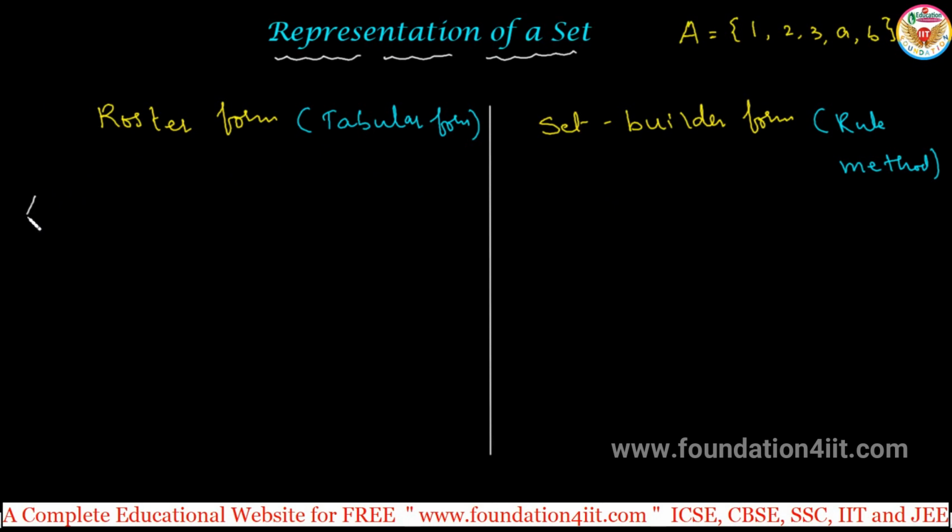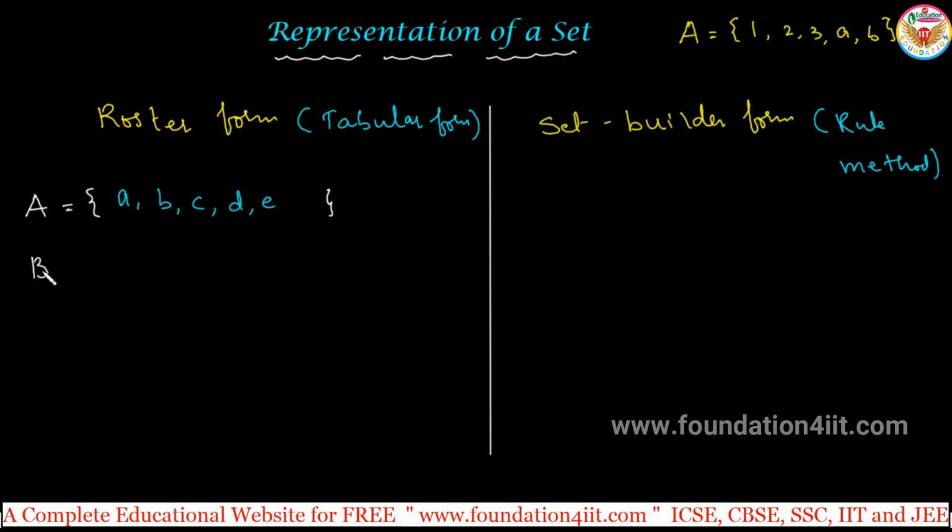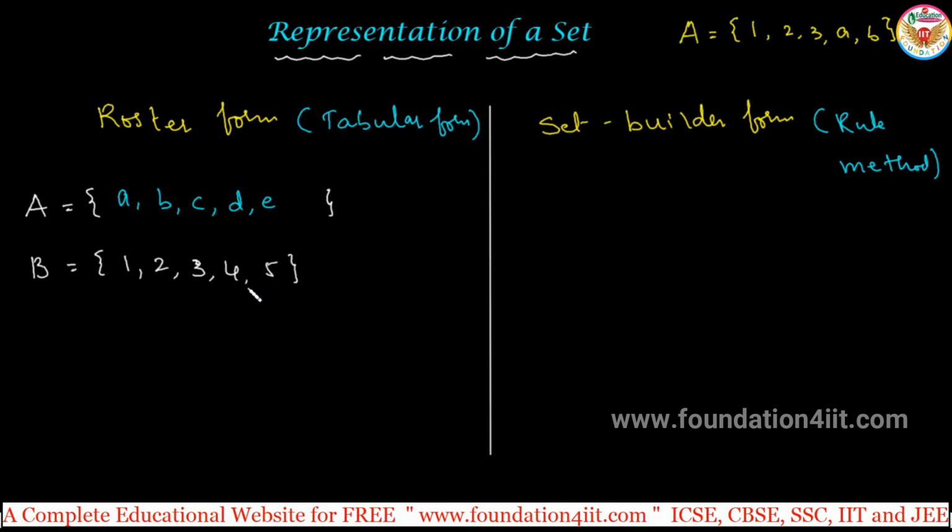So roster form we can represent within the bracket the elements exactly with commas. Just in the form, elements of the set are enclosed by curly braces after separating them by comma. That means set A is having elements A, B, C, D, E, or set B we can represent the elements 1, 2, 3, 4, 5 and so on.